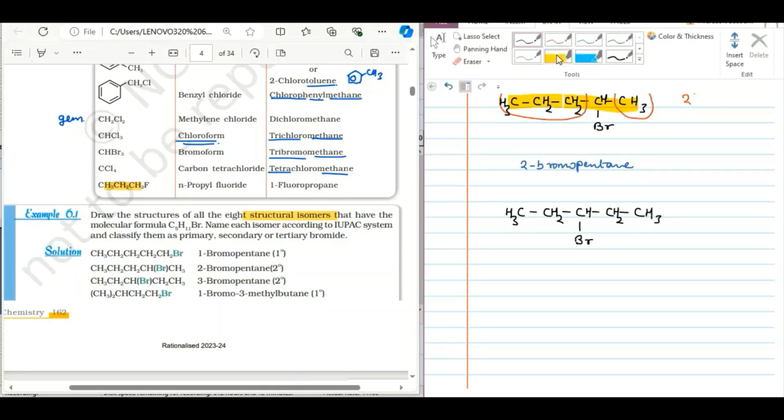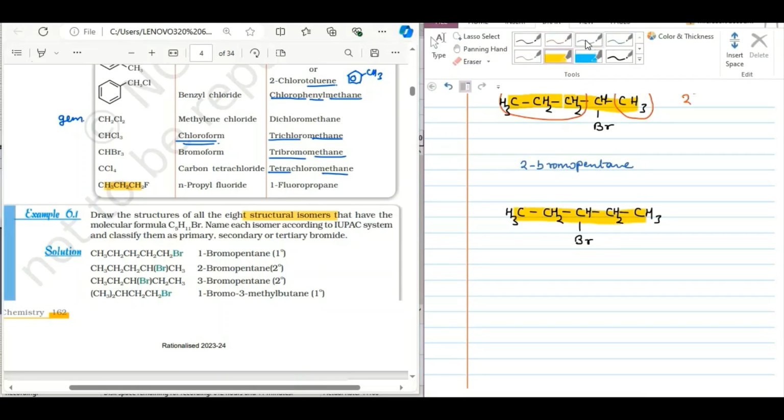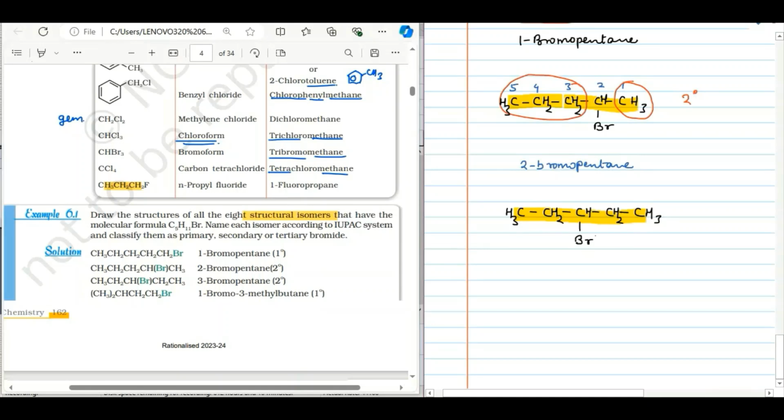So again the longest carbon chain is 5 carbon long, and when you number the chain, you can number it in either direction because in both cases bromine will get the third number: 1, 2, 3, 4 and 5. So the name of this molecule will be 3-bromopentane.